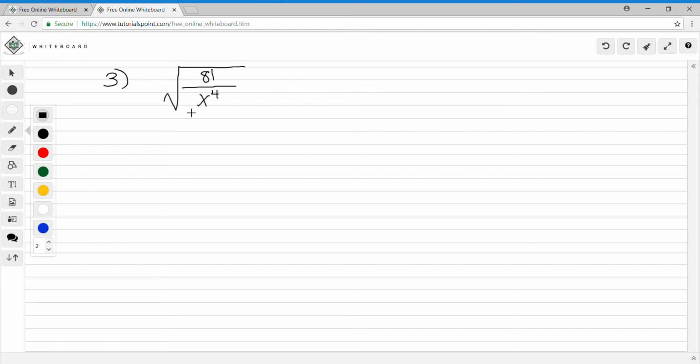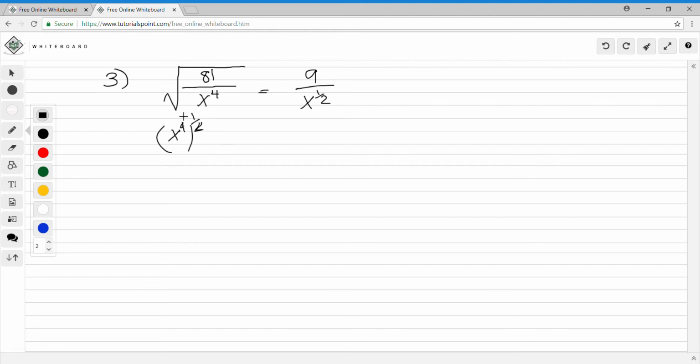So the square root includes everything, including the x to the 4th, so make sure you're taking the square root of this as well. What is the square root of 81? Which is 9. And then you have to take the square root of x to the 4th, which is x to the 4th to the 1/2.